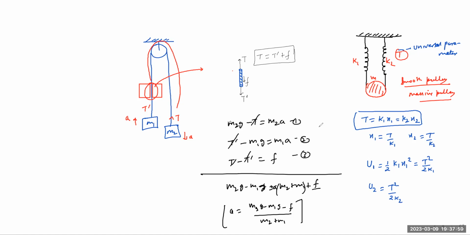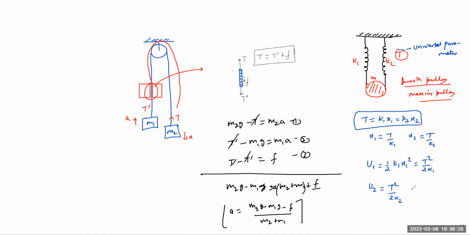The first step of thinking is thinking of the common variable which can relate everything. How much the first spring will deform, we don't know. How much the second will deform, we don't know. But we will know one thing, that it can be expressed in terms of T. And therefore the energy stored can also be calculated.